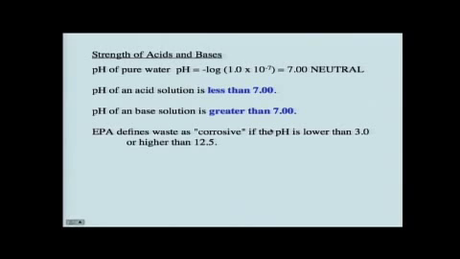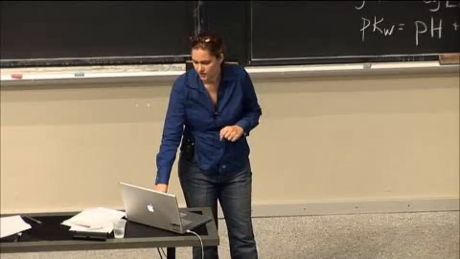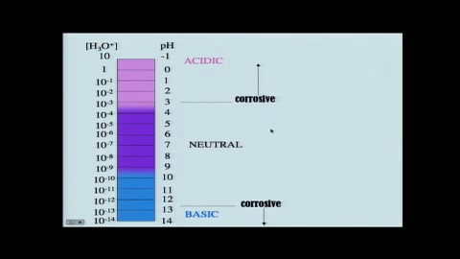And the EPA defines corrosive as something where the pH is lower than 3 or greater than 12.5. So if here is our scale of pH, we're neutral at 7, we're acidic below 7, and we're corrosive below 3. We're basic above 7 and corrosive above 12.5.